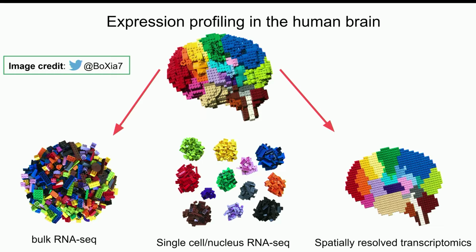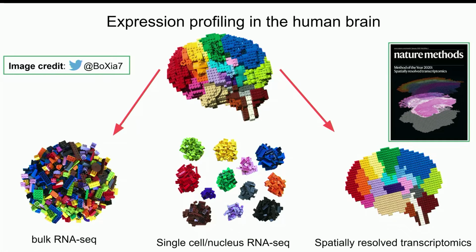And then the final technology, really the current technology that we're using to profile these data, is what's called spatially resolved transcriptomics. So I'm going to focus on the latter two for most of today. In spatial transcriptomics, the analogy really is thinking about putting these Legos together in a 2D space so you can see where the genes are expressed across the 2D domains.